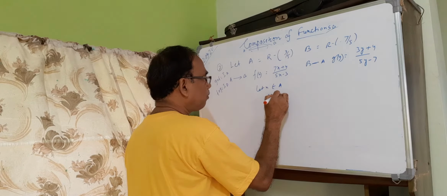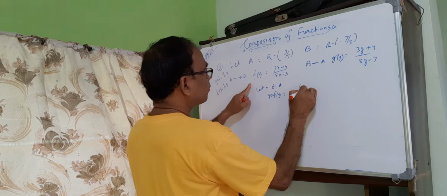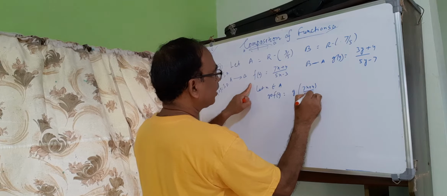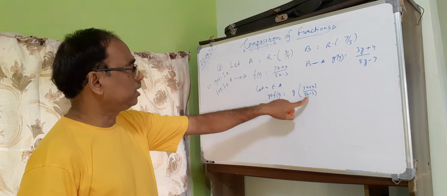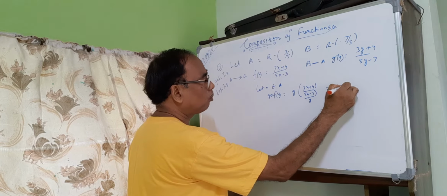gof means g of f(x). That is g of (7x plus 4) by (5x minus 3). This should be treated as a y, that is g of y.